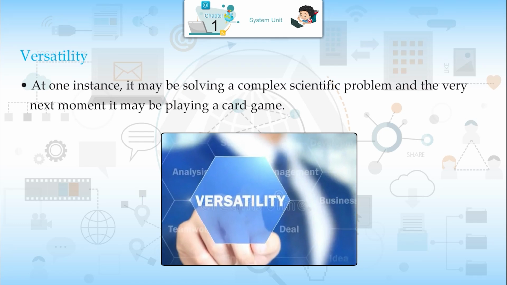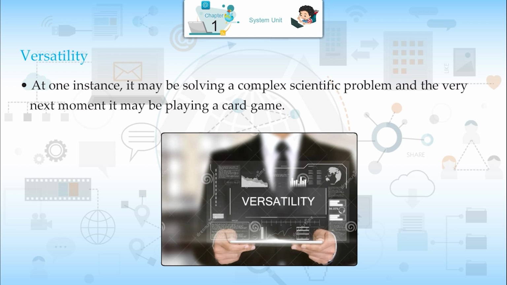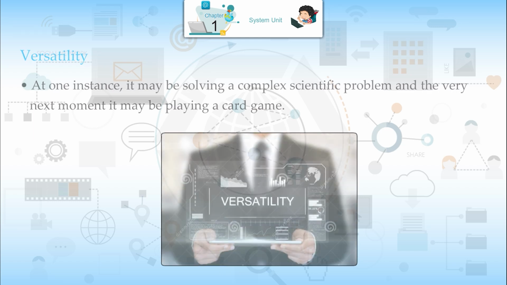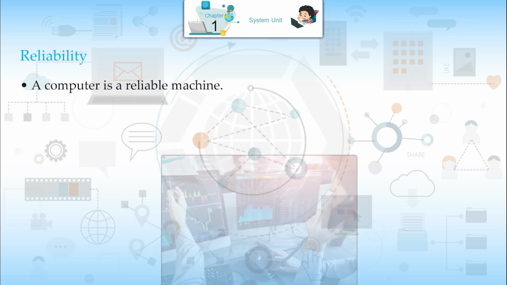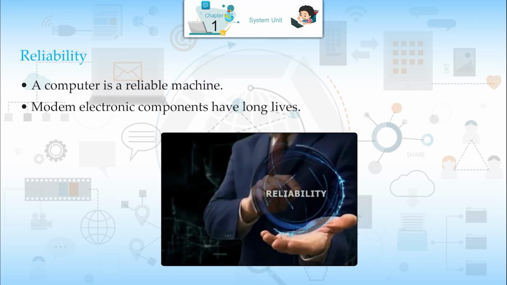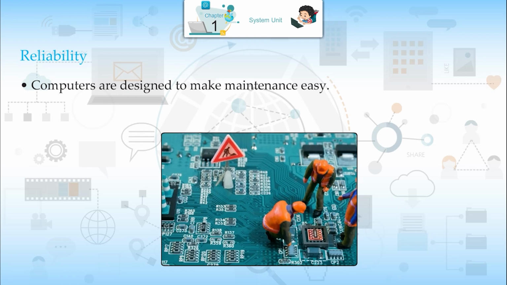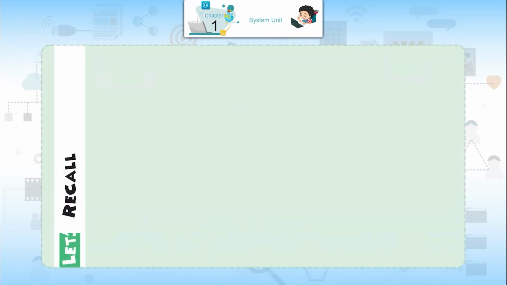At one instance, it may be solving a complex scientific problem, and at the very next moment, it may be playing a card game. Reliability. A computer is a reliable machine. Modern electronic components have long lives. Computers are designed to make maintenance easy.